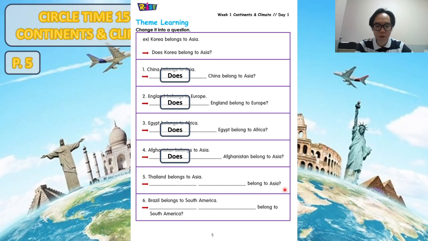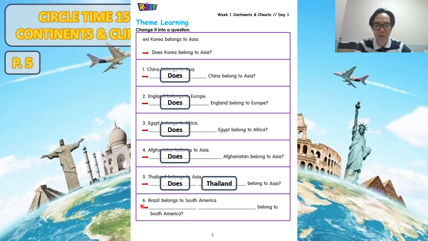Well, there's Asia, and we know does goes at the beginning. What could possibly go here? Does what belong to Asia? Are we talking about China? We know China belongs to Asia. But it's telling us Thailand. So our question has to ask, does Thailand belong to Asia?